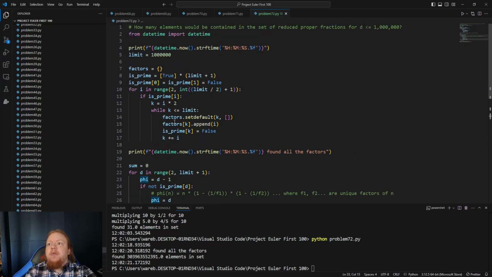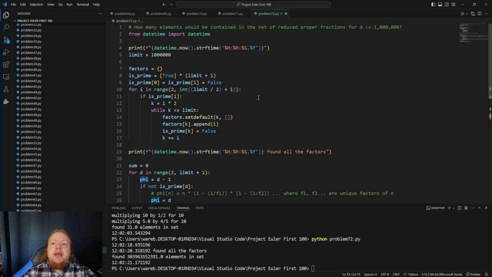So let's see, reviewing what we did here. We saw this problem of how many elements would be in this set of reduced proper fractions. We recognized that all of the numerators for a reduced proper fraction for a particular denominator would be the same set as the relative primes for that number.